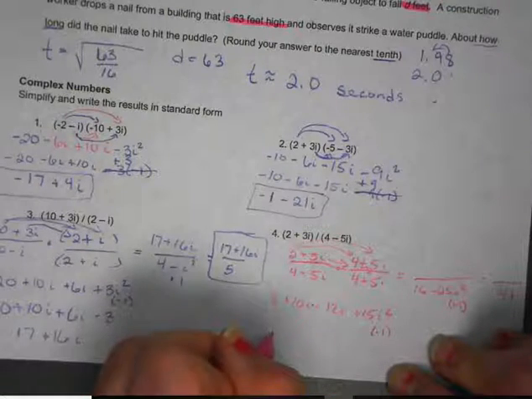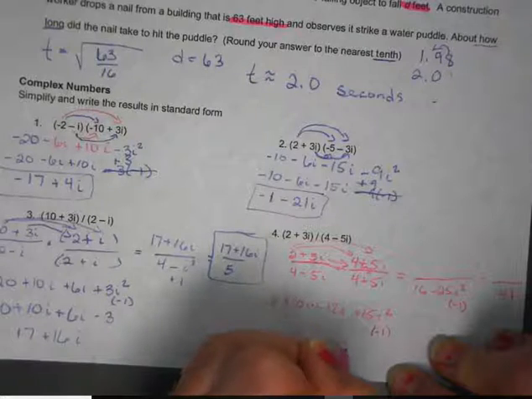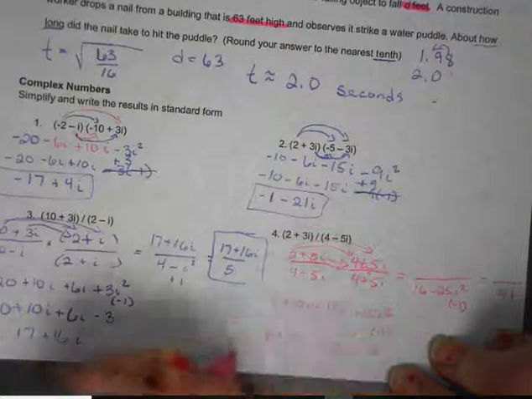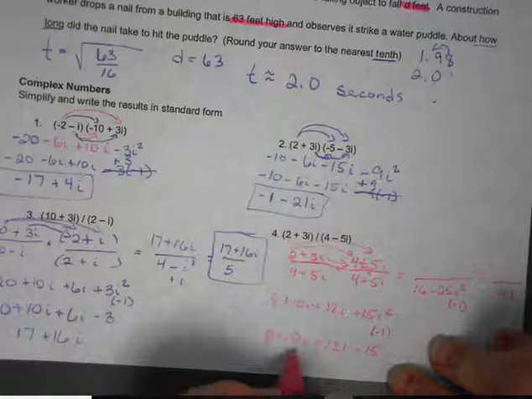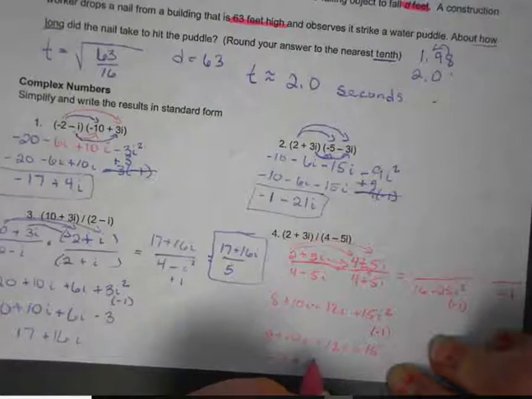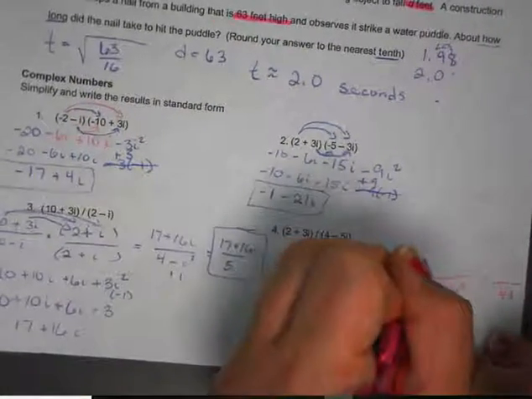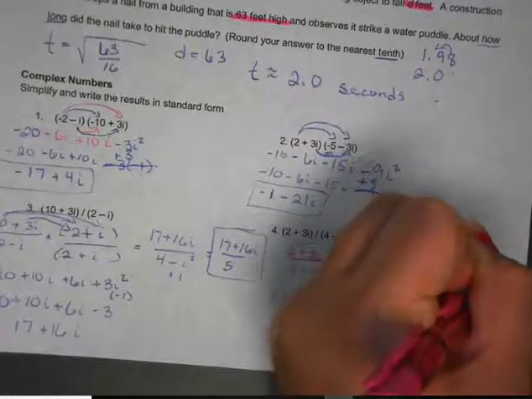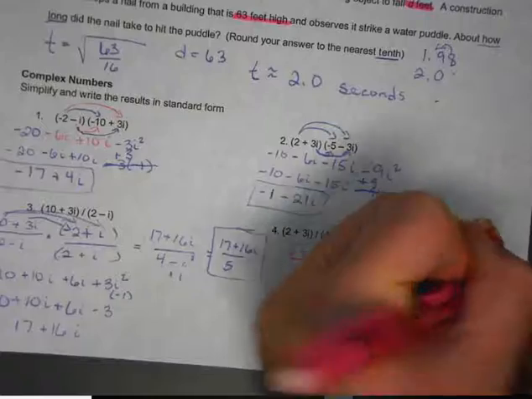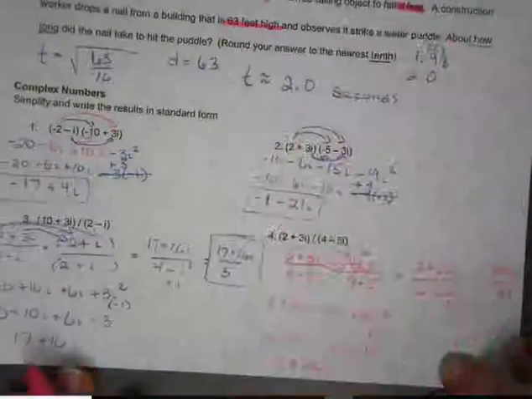So we're going to have 8 plus 10i plus 12i minus 15. 8 minus 15 is negative 7. 10i plus 12i is 22i. So we're going to have negative 7 plus 22i over 41. And we can't simplify any further, so we're just going to leave it like this.